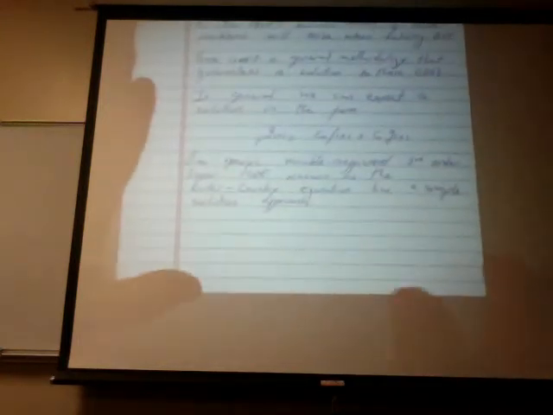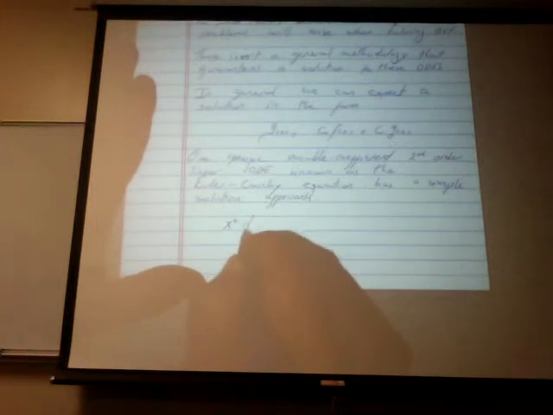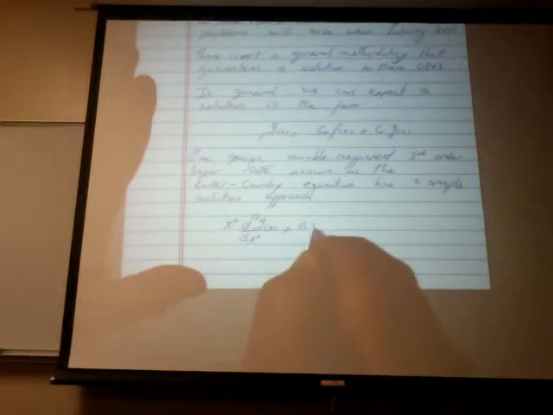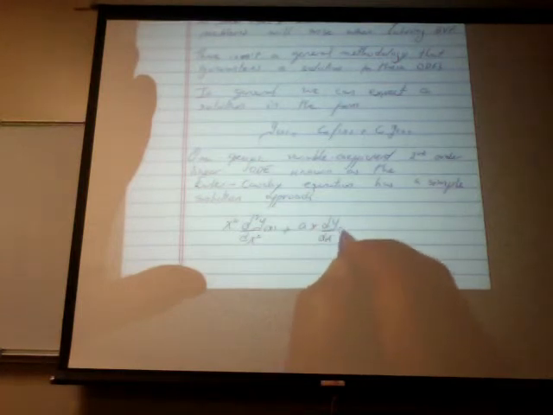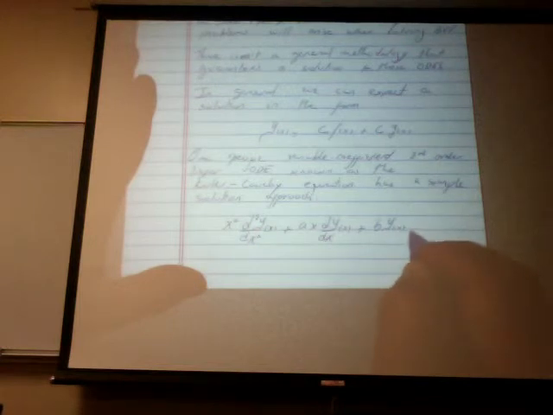It is only in these cases when the equation happens to be of this form: x squared times the second derivative d squared y over dx squared, plus a x times dy of x over dx, plus b times y of x, is equal to 0.